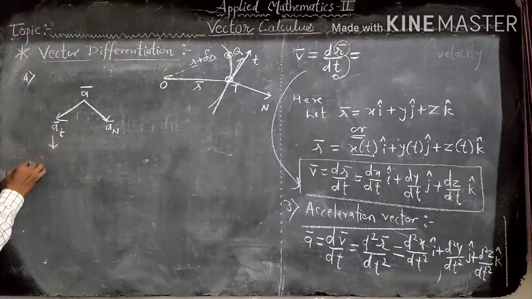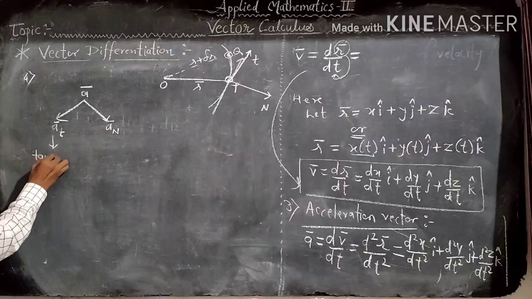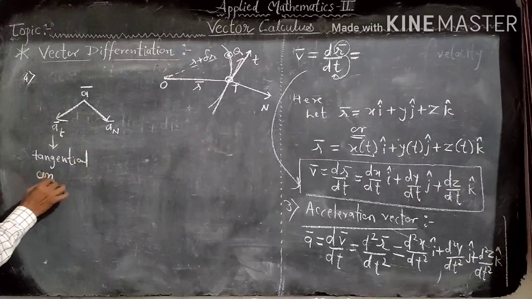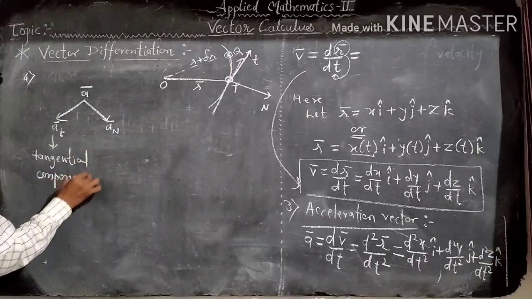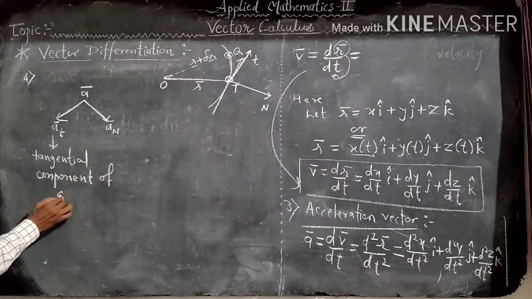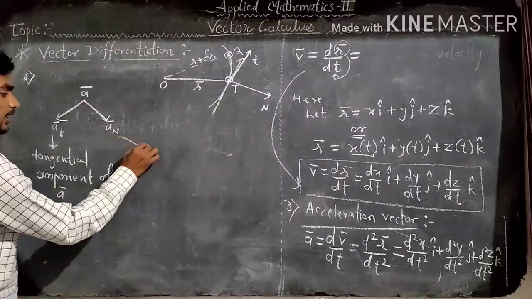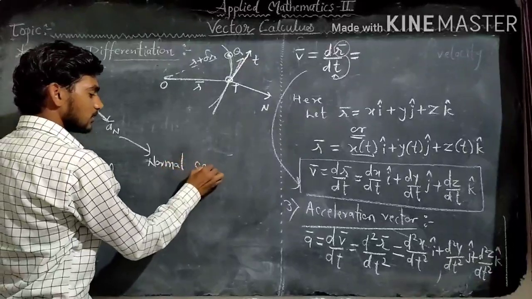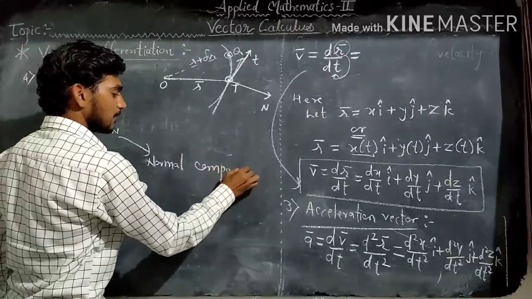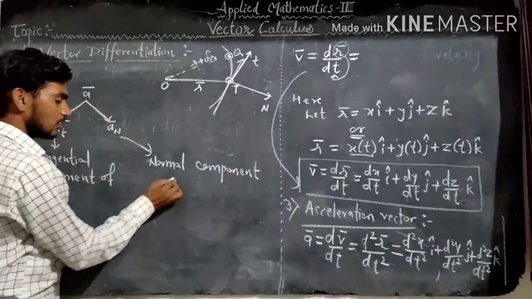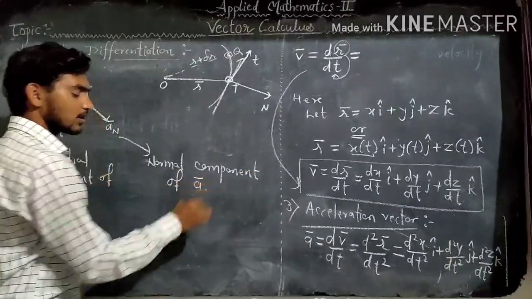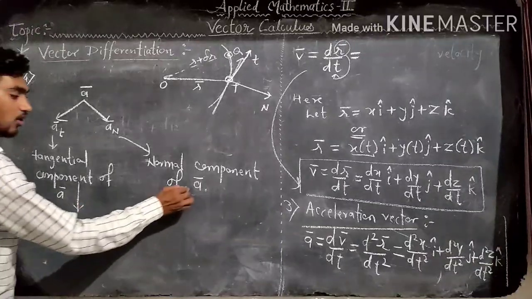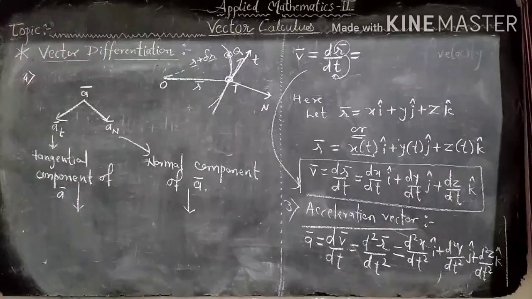First component, tangential component of acceleration vector, and the second, normal component of acceleration vector. So what are the formulas of tangential component and normal component? Let us see here.